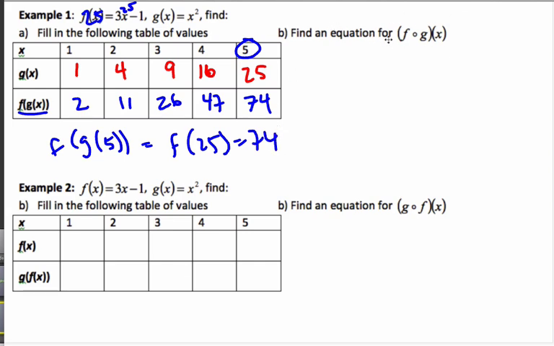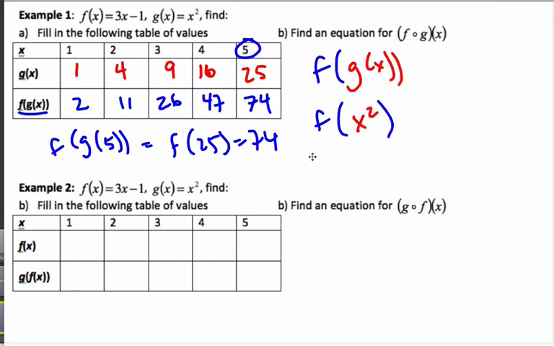So if I want to find an equation, I take f and I plug in my g of x, which I know is x squared.